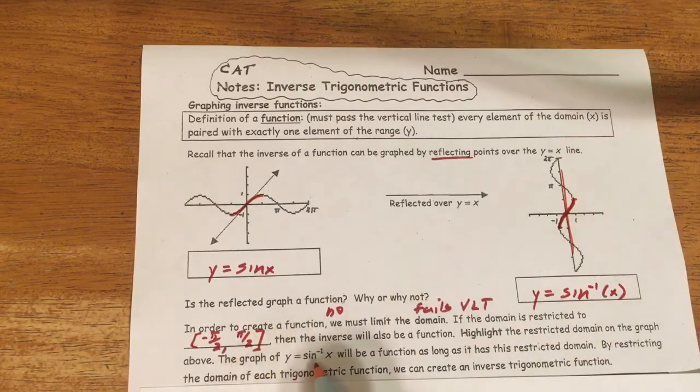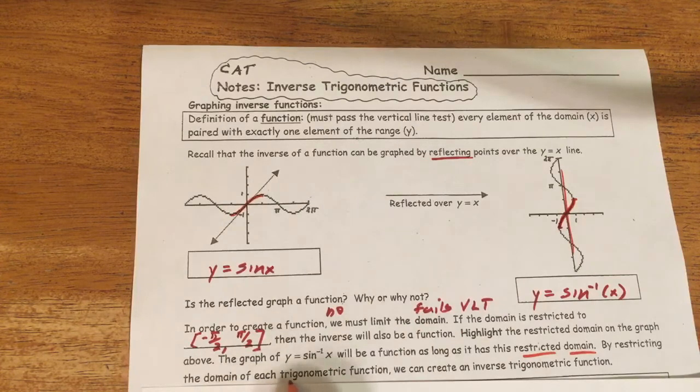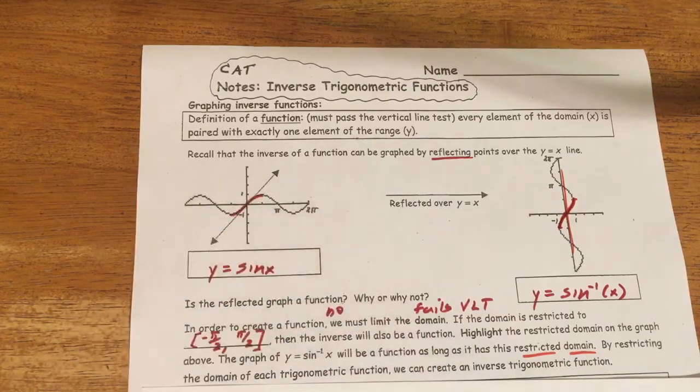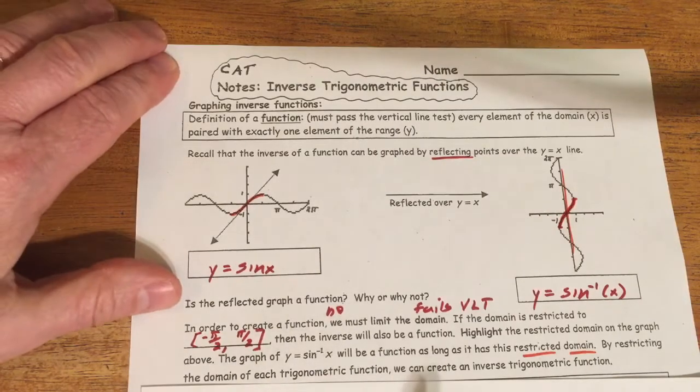So the graph of sine inverse will be a function as long as it has this restricted domain right there. By restricting the domain of each trig function, we can create an inverse trig function. Now, when we do this process of restricting the domain, that has an effect on how we figure out values of inverse trig functions. Let's look at this a little bit more closely.